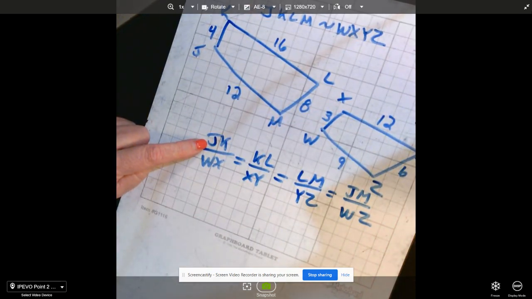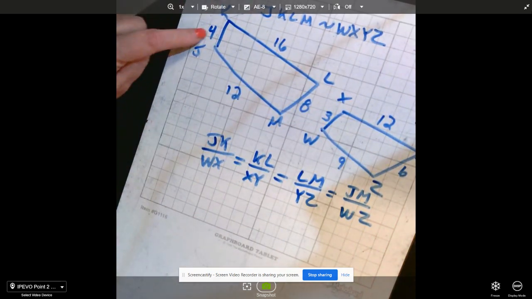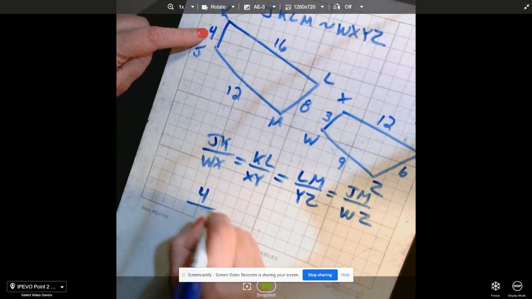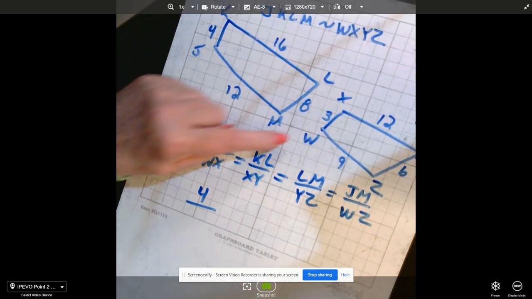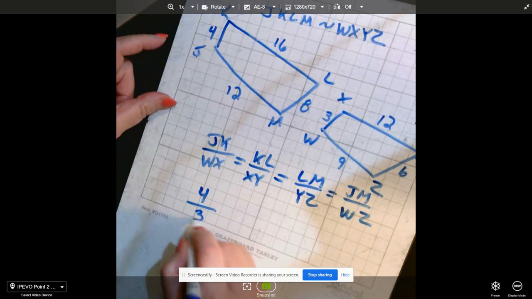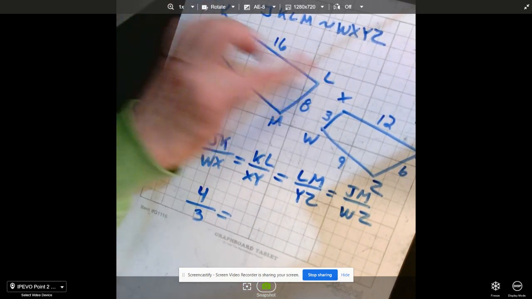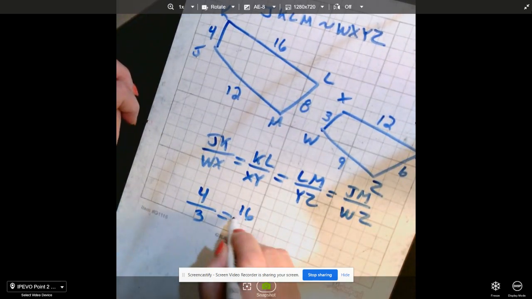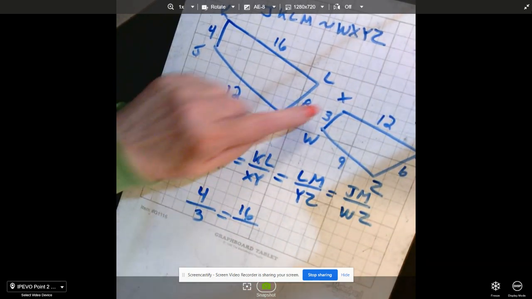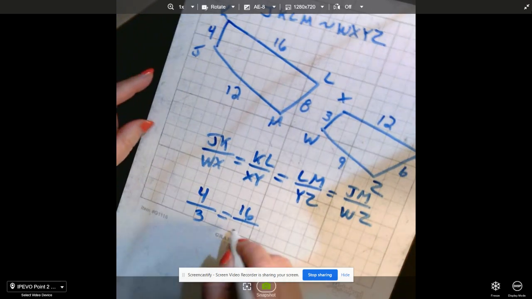So JK, if we find JK, right here is JK, that's 4. WX is 3. KL is 16. XY is 12.